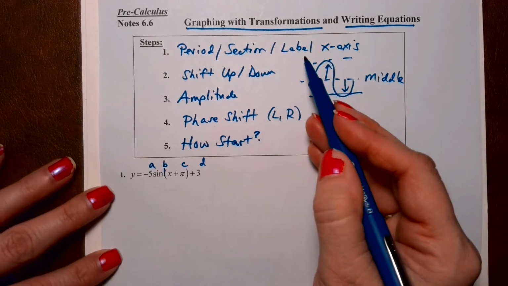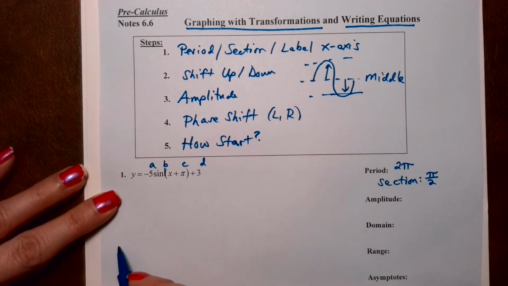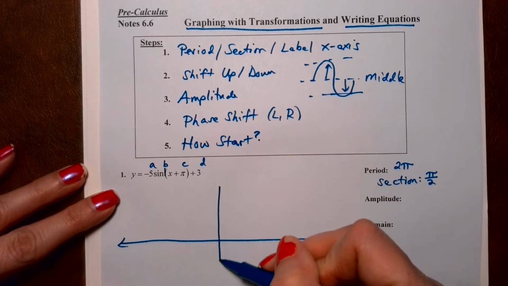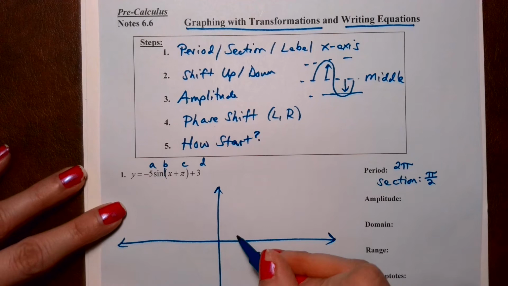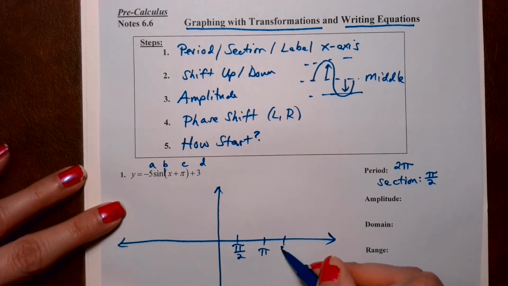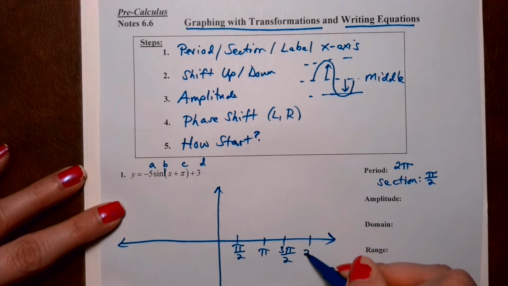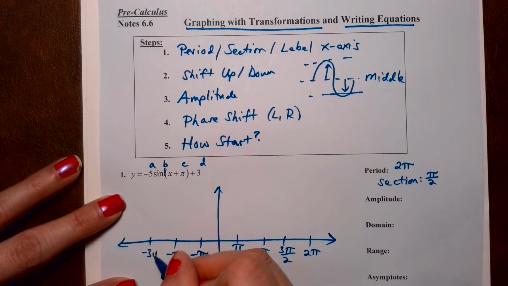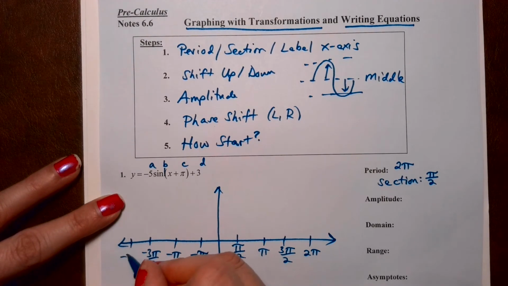And then let's label the x-axis using this information. So we've got an x-axis, I've got our y-axis. Let's go ahead and put 1 out of 2, 2 out of 2, 3 out of 2, 4 out of 2. Going negatively, negative, negative, negative, negative.